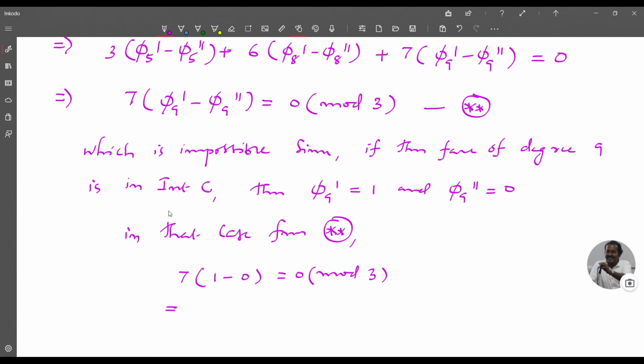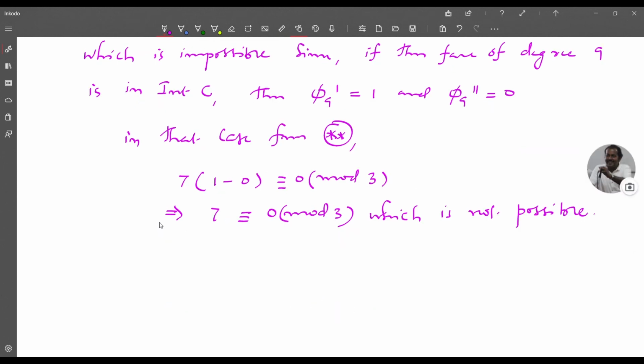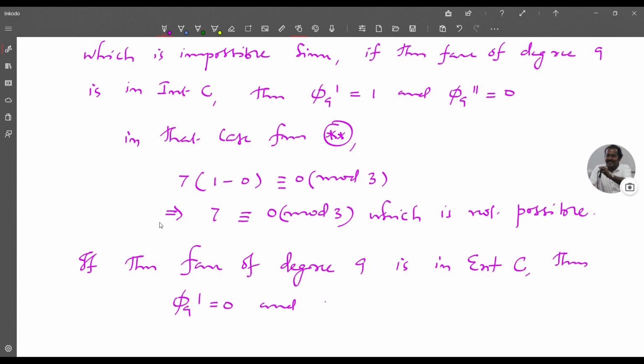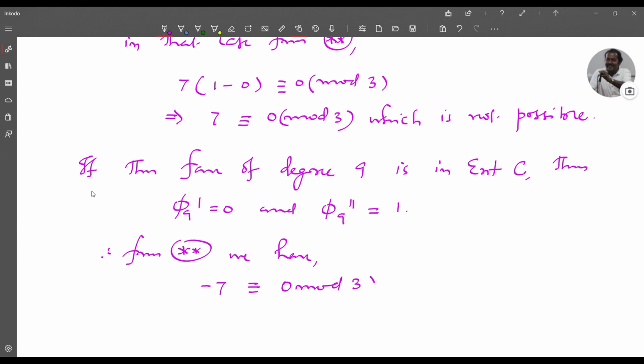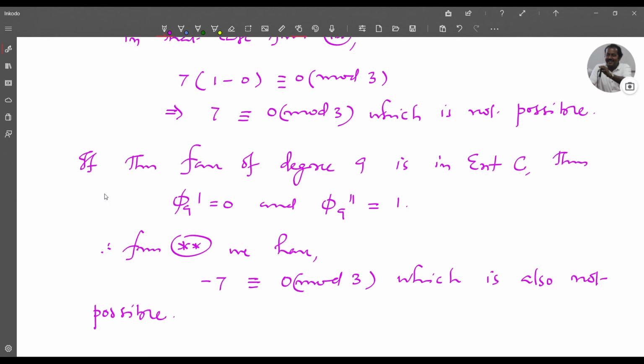So this implies 7 is congruent to 0 mod 3, which is wrong, which is not possible. Now if the face of degree 9 is in the exterior of C, then φ_9' is 0 and φ_9'' is 1. Therefore from double star we have minus 7 is congruent to 0 mod 3, which is also not possible. Therefore the Grinberg graph is not Hamiltonian. Hence the Grinberg graph is not Hamiltonian.